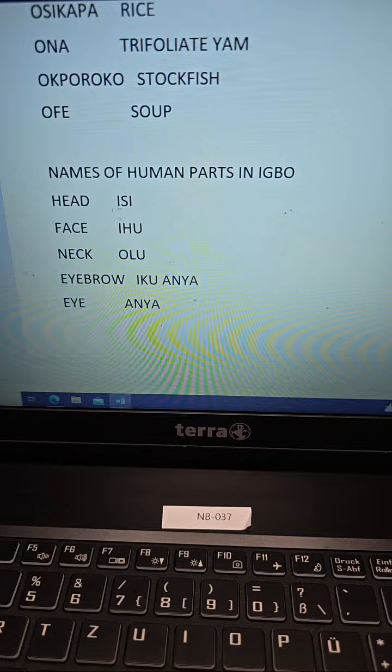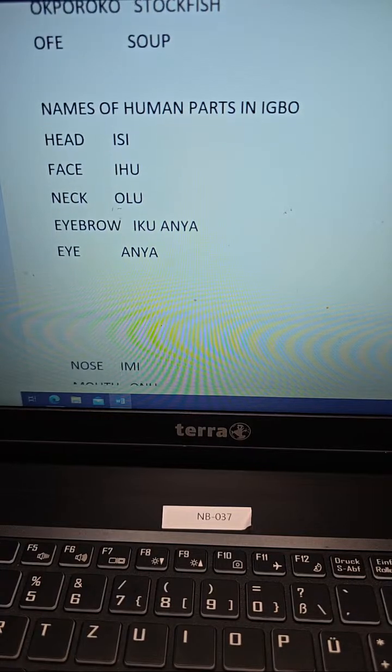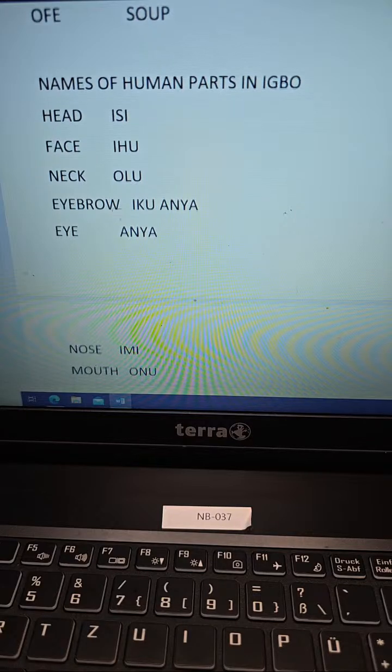When you bring it up from the soil, it is always in branches, unlike the other type of yam, which is always straight. In as much as some of them are also paired, most of them are always straight. But trifoliate yam always has so many branches. So I think that is where the name comes from. Oporoko, stockfish. Ofe, soup.